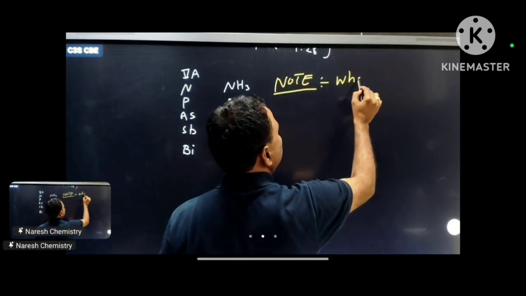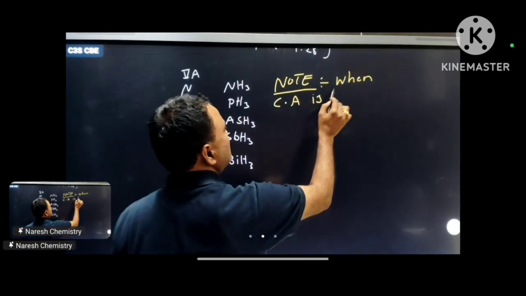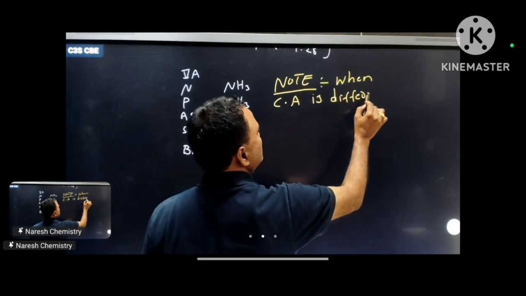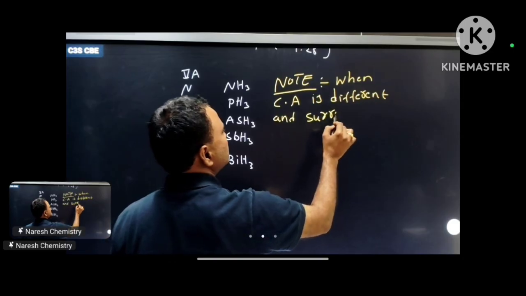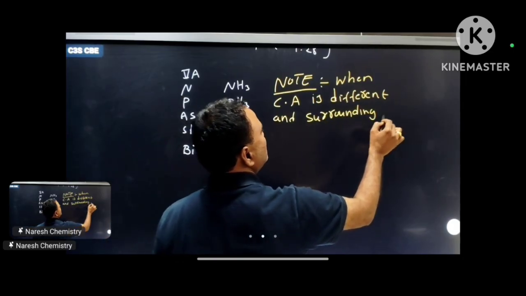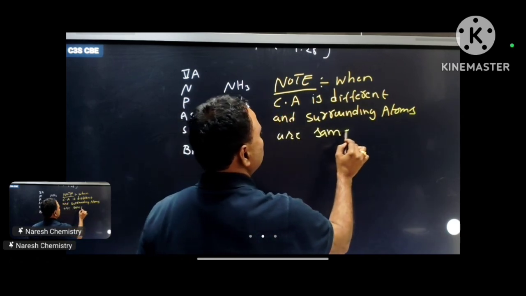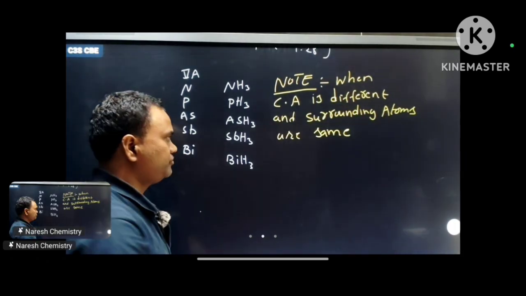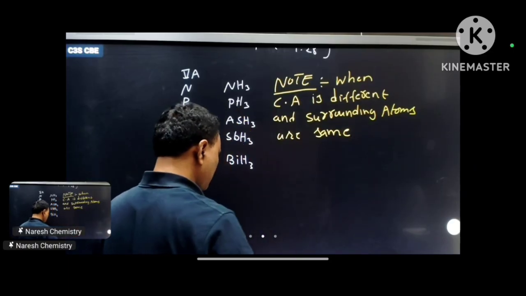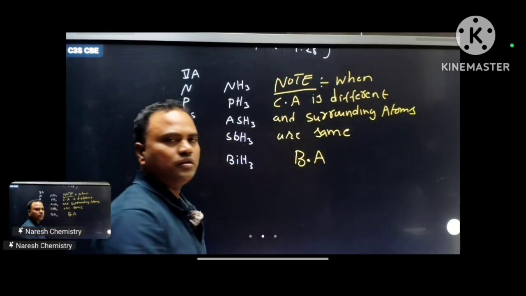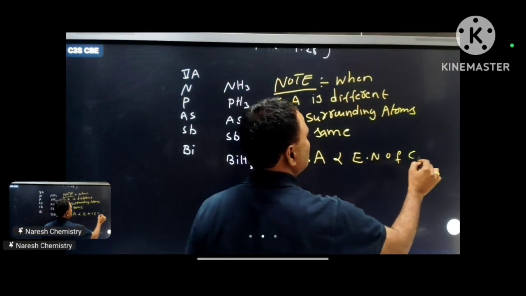When the central atom (CA stands for central atom) is different and the surrounding atoms are the same, then bond angle is directly proportional to the electronegativity of the central atom.